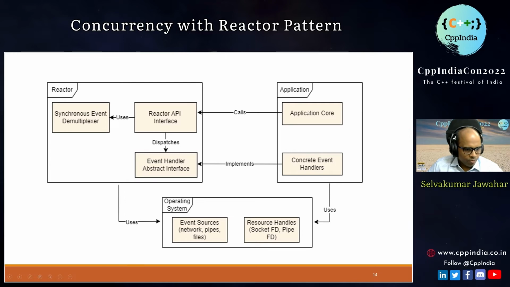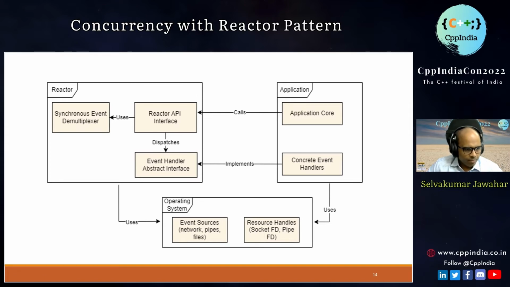From the application point of view, for example, I'm writing this edge server, I just need to implement some event handlers for the events coming in. Then I register these handlers with the reactor and start this event loop, which is the demultiplexer. As soon as the event comes in, the reactor will call the right event handler. So this is what a reactor basically does.